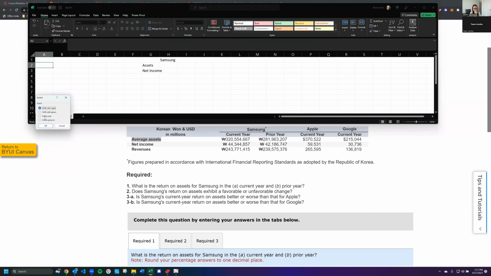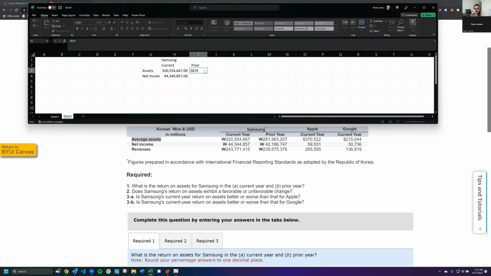On this one, 320,554,4667,443,44857, and then 281,963,207, and this one's 42,186,747. So you have your values, right? Now you're just going to take, because it's already averaged. Already averaged on this one. You don't have to do that.